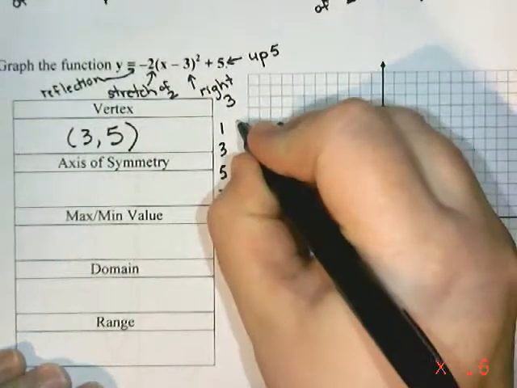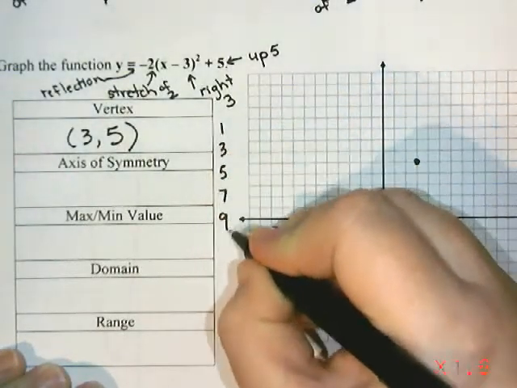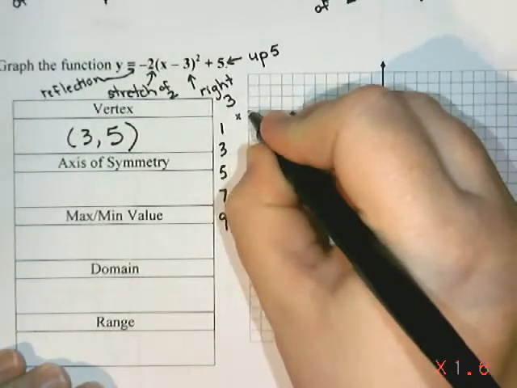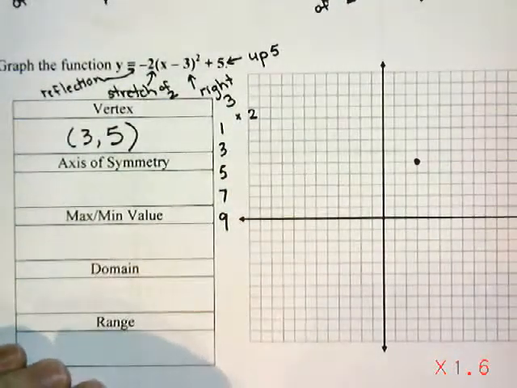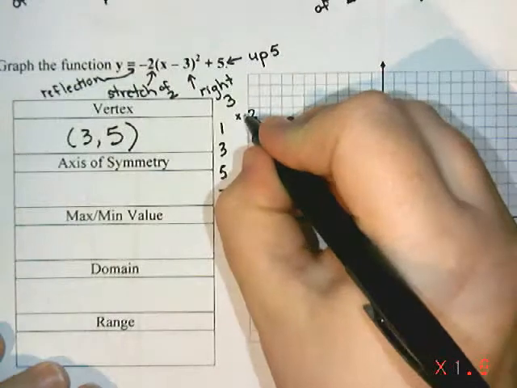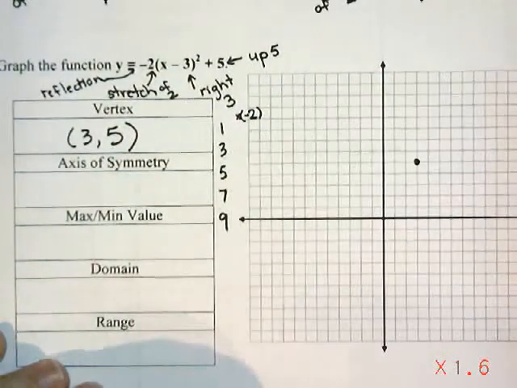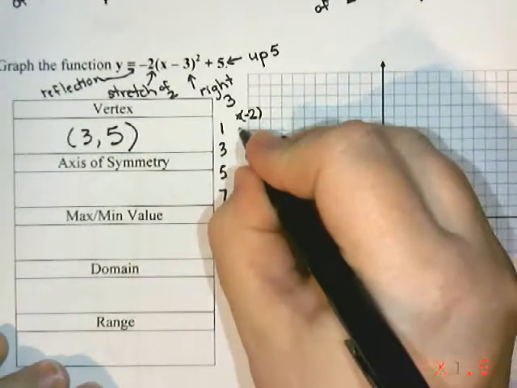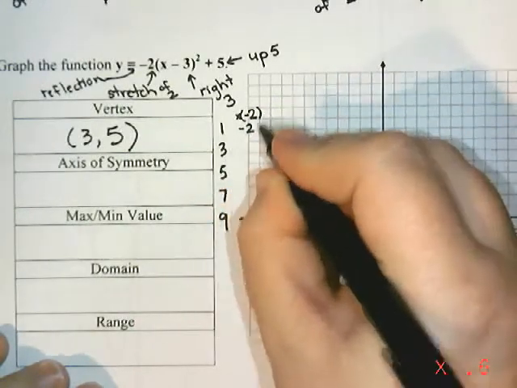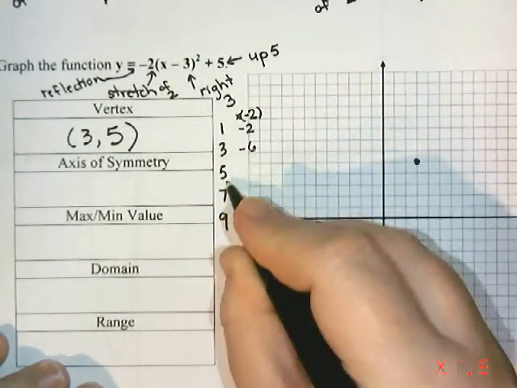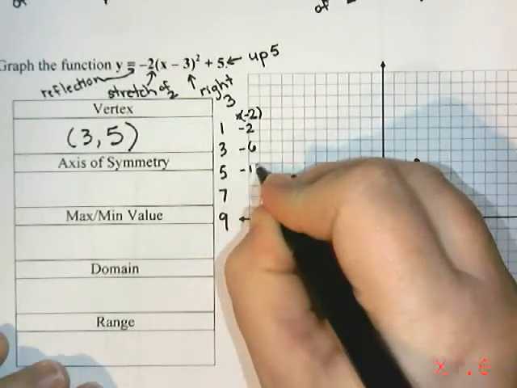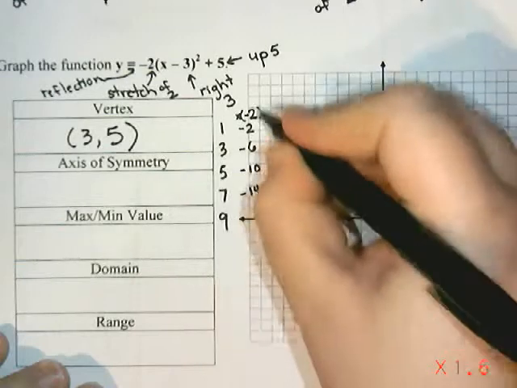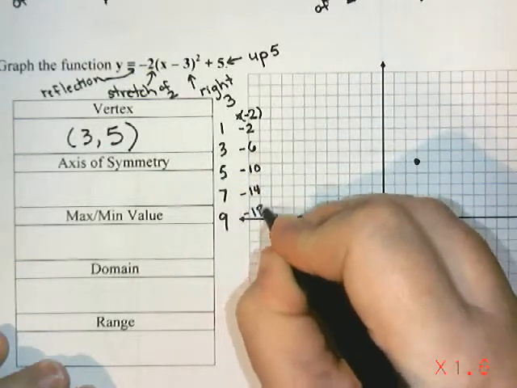So to stretch it by 2, I'm going to take all of these numbers in my step pattern and multiply them by 2. And to do the reflection at the same time, we're just going to multiply by -2. So 1 times -2 is -2, 3 times -2 is -6, 5 times -2 is -10, 7 times -2 is -14, and 9 times -2 is -18.